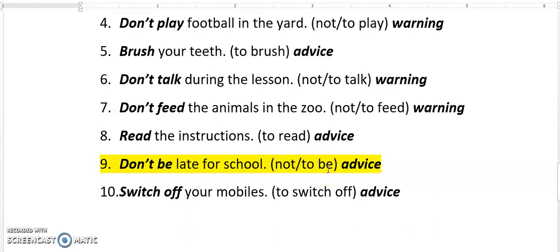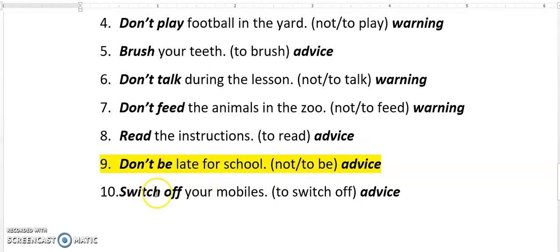So this is different because other verbs we have play, brush, talk, feed, alimentar, read. But here we have the to be verb, so it's going to be don't be late for school. No estés tarde a la escuela. This is an advice maybe your mom gives you.